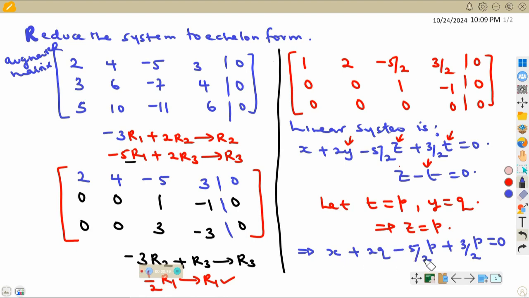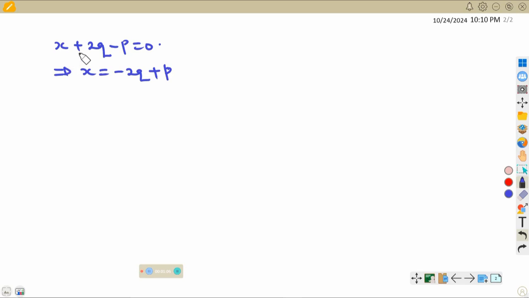So clearly we can simplify this. We have negative 5 over 2 p plus 3 over 2 p. Negative 5 plus 3 is negative 2, divided by 2 is negative 1. So we remain with x plus 2q minus p equal to 0, which means x is the same as negative 2q plus p.